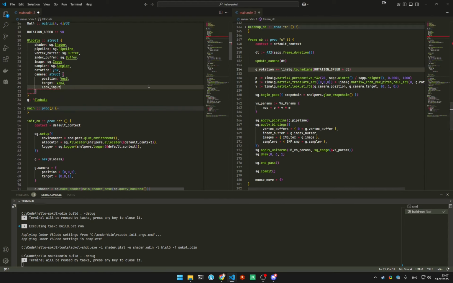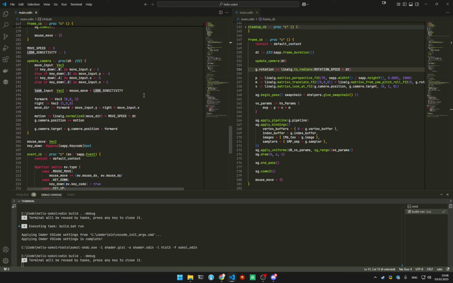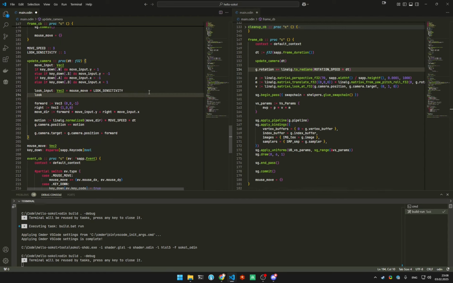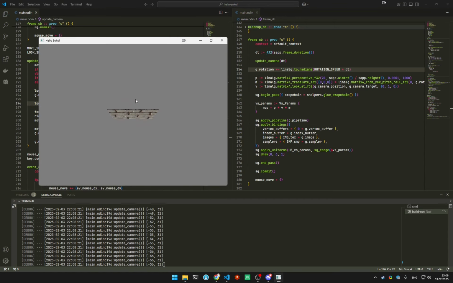Maybe we should store it in the camera. That would be a vector 2 of look, and it's fine to have it 0 by default. And what we will do here is, of course, just say g camera look plus look input, log debug g camera look. So now I'm moving the mouse and this value is changing.